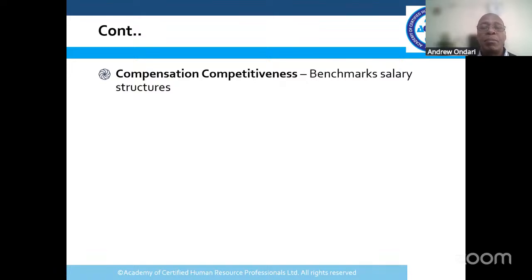The level of revenues that you are generating. So it is important for us to compare what we are paying with what others are paying in the same industry.